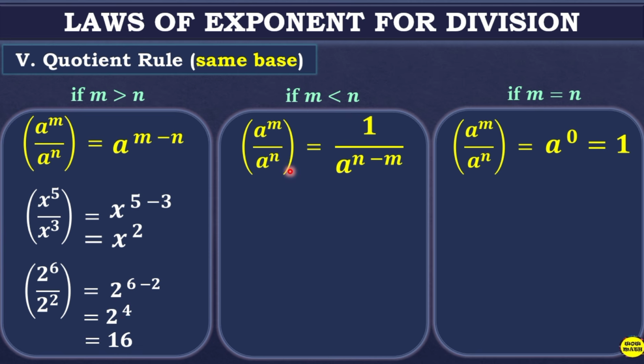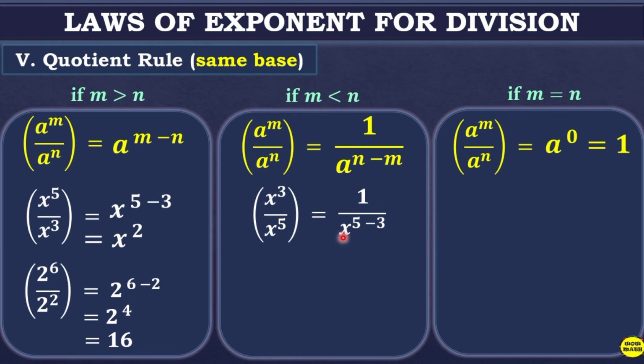Next, kapag naman mas mataas yung exponent natin sa denominator. Same example lang po yung ginamit ko. Pinagpalit ko lang yung exponent nila. Yung mas mataas, yun yung nilagay ko sa baba. Look what will happen. Yung nandito sa denominator, yun yung nilagay ko sa taas. Kapag mas mataas yung exponent ng denominator, magkakaroon ka ng 5 minus 3.